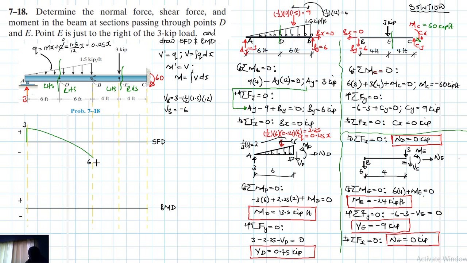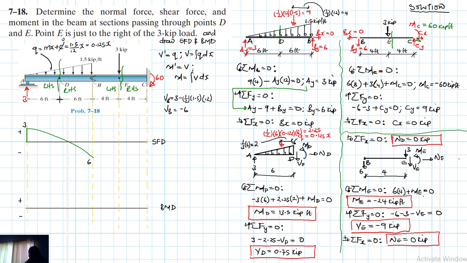This is 6 kips. And since the pin can transfer translational forces, it can transfer horizontal forces and vertical forces, and the shear is a vertical force. So it can transfer that.